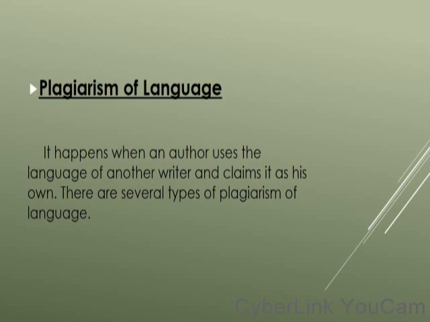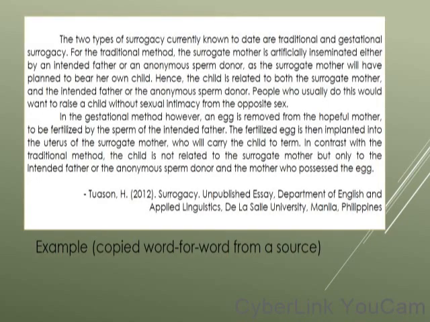In plagiarism of ideas, it occurs when credit for a work is ascribed to oneself untruthfully. But here, in plagiarism of language, it happens when the author uses the language of another writer and totally claims it as his or her own.